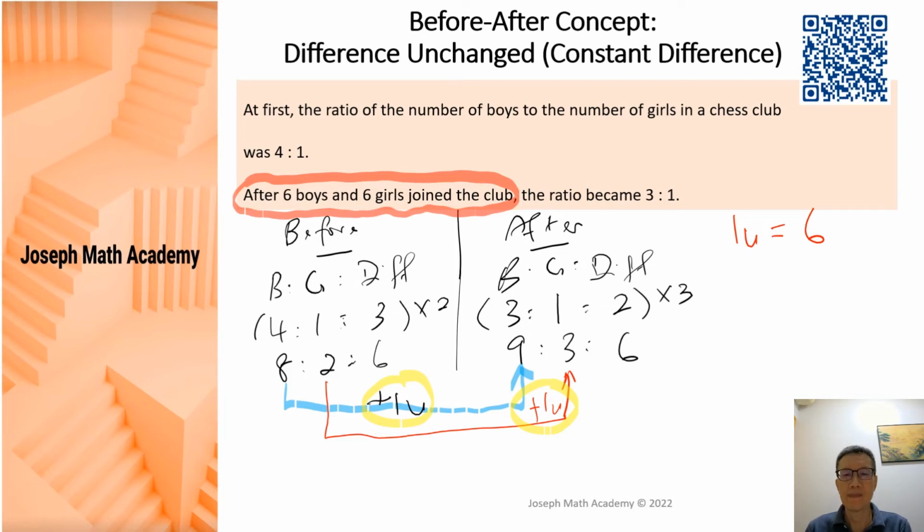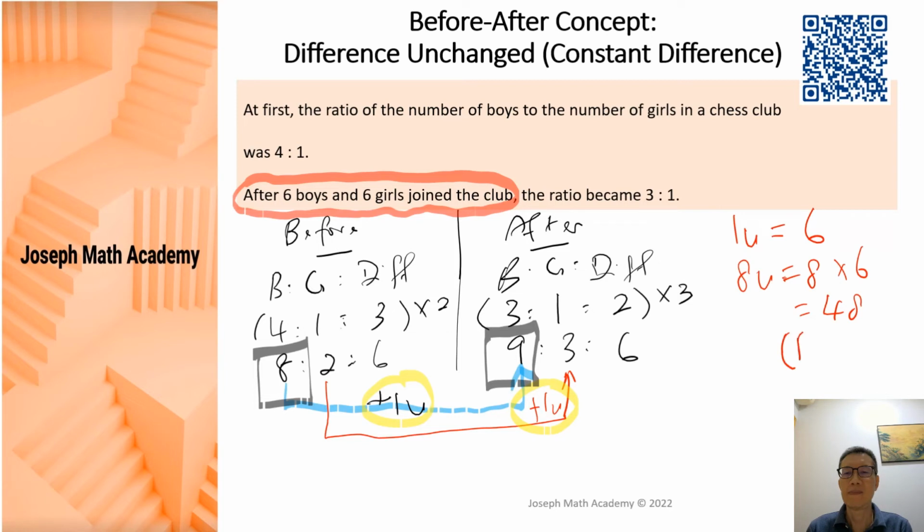So we take the latest value, which is here and here. Boys before is 8 units, so 8 times 6 gives me 48. I will label this as boys before. And then 9 units will be 9 times 6, that gives me 54. This will be boys after.